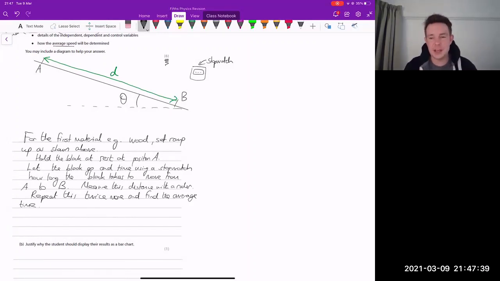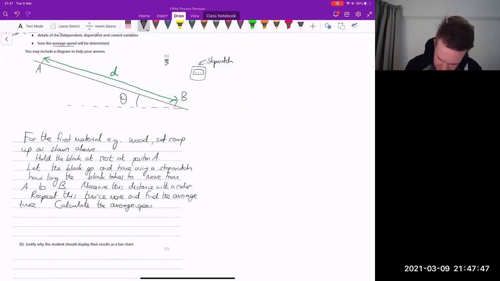Once you've got the average time, you can calculate the average speed by using average speed equals distance traveled over time taken. I would include the equation in the explanation.